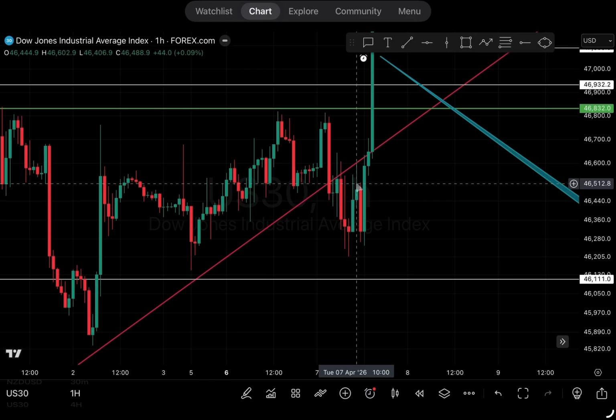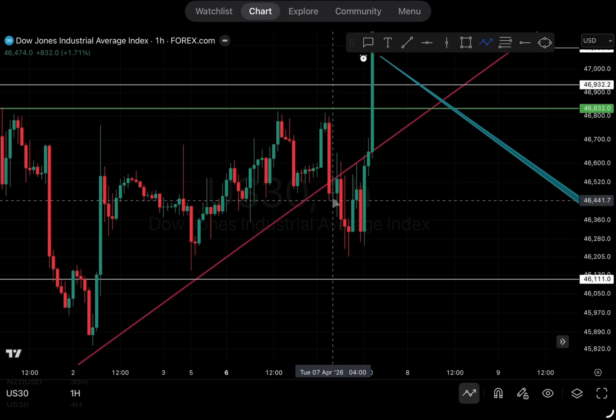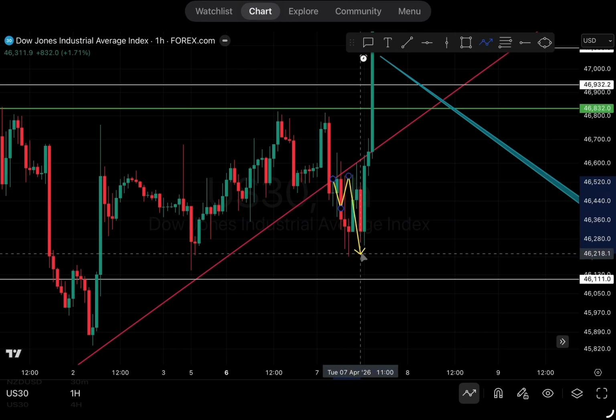I'm going to remove this so you guys can see. Okay, this candle peaked out. Not such a big deal, but the next candle is completely out of the trend line. Right, so that's considered a breakout. Okay, it had a retest, right, in the same area that it broke out of. So now we're looking for a possible sell potentially.